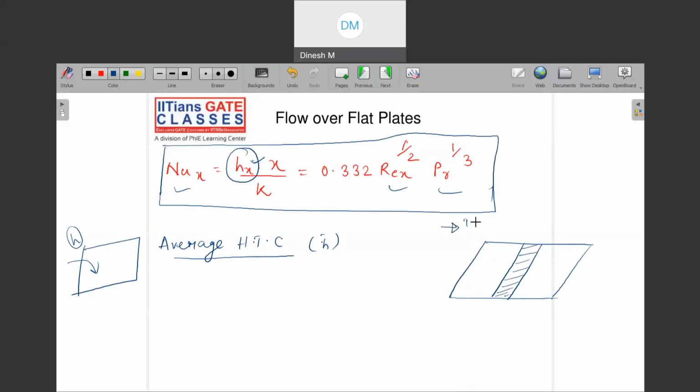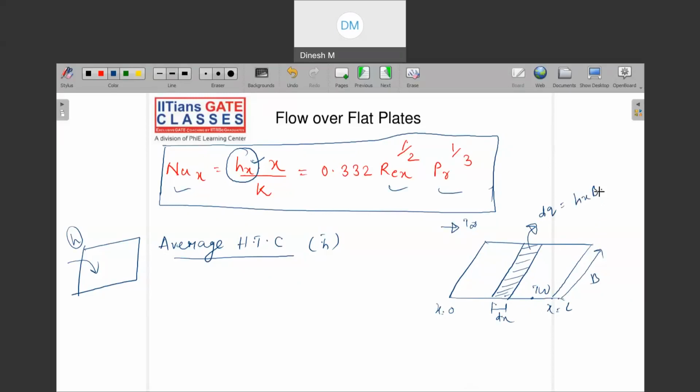Let us say this is T infinity, and you have started from x equal to 0, this is x equal to L, and it has a thickness in this direction, that is B, or let us say this is the width, and then your wall temperature is TW at this point. Then what is dq from this strip? Can you say that dq from this strip will be nothing but hx at this particular x? And let us say this is dx. Then hx multiplied by whom? What is the width?